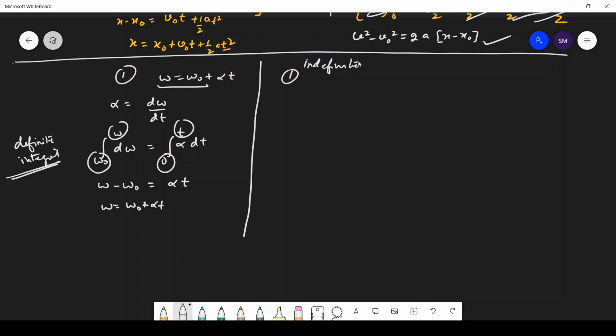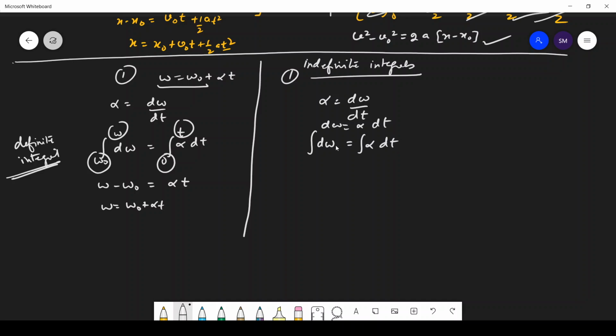This is the new thing for you students. Same formula, alpha is equals to d omega by dt, and same thing here, d omega is equals to alpha dt, and taking integration both sides.